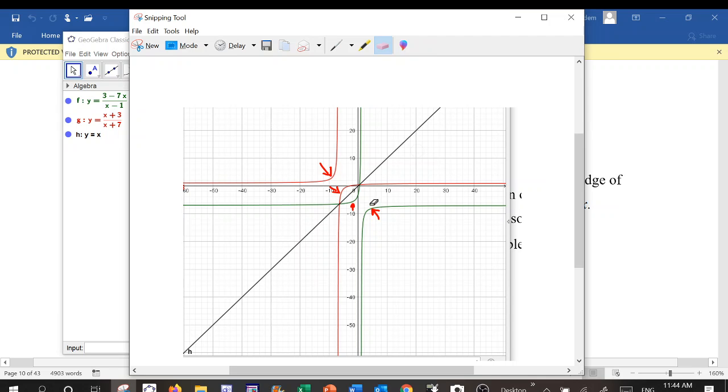As you see, they are symmetric with respect to y equals x.